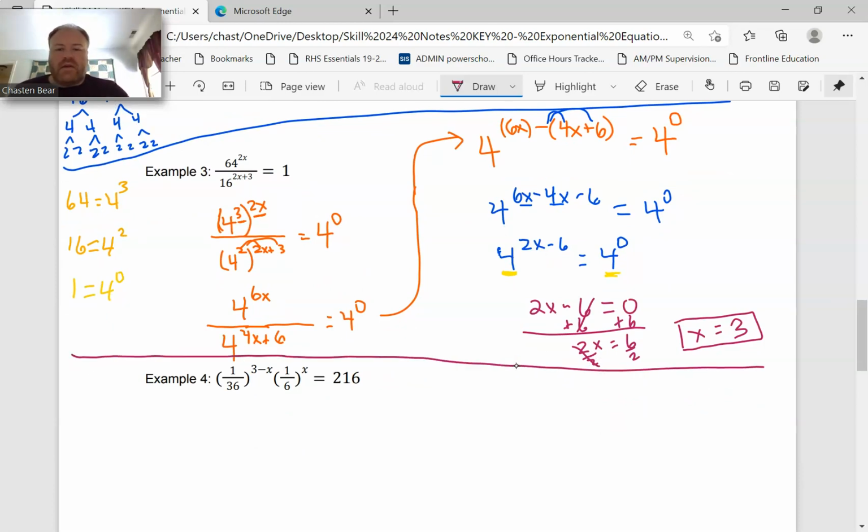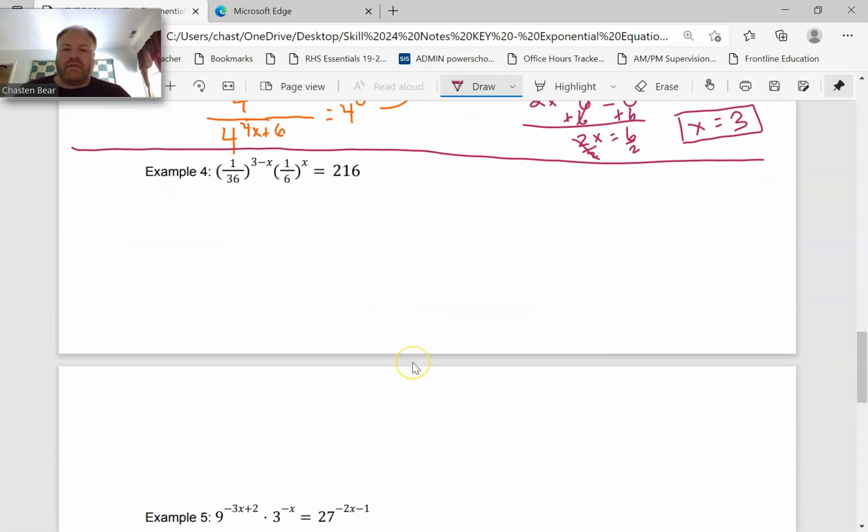The next one, a little more interesting. For this one, what we're going to do is rewrite 36. We know that's going to be 6 squared. We know the bottom of the first one, 6, is just 6. I don't need to rewrite it. And 216, if I break that down, let's see, 216. Let's see if we can divide it by 6. 6 and 36.